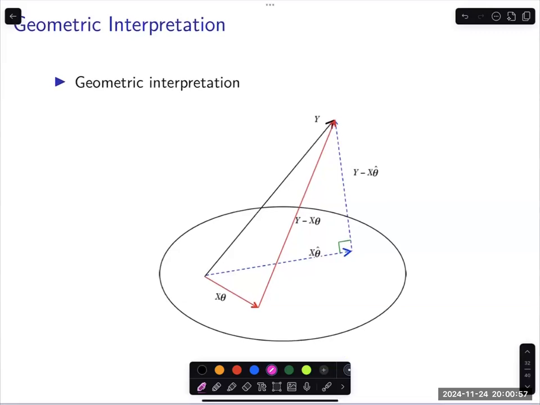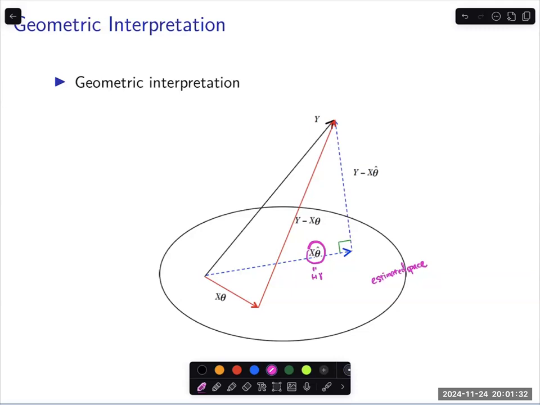A geometric representation could be written as the following. Y is the data, and by multiplying Y with H, we get X theta hat, or HY. This is equivalent to making a shadow onto the estimated space. This flat space is called the estimated space.